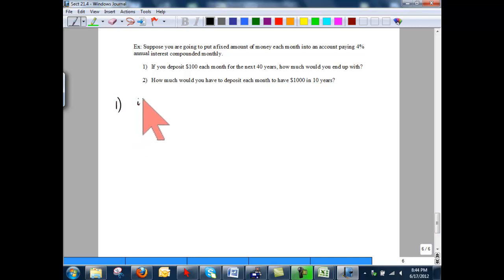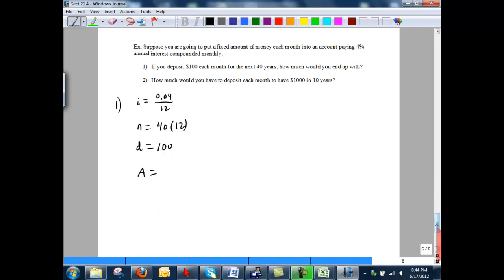Let's work out what the variables in the formula are. i is 4% divided by 12, since monthly is 12 times per year. n, the number of deposit periods, is 40 years times 12, since each compounding period is 1 month long. d, the deposit amount, is 100. I want to find A.